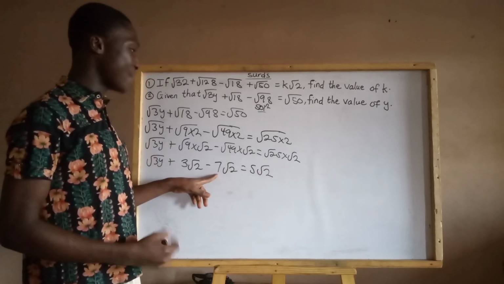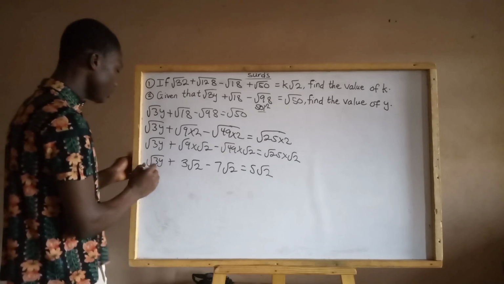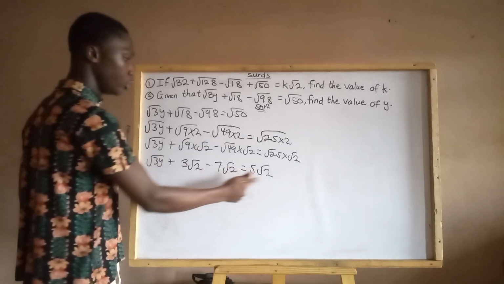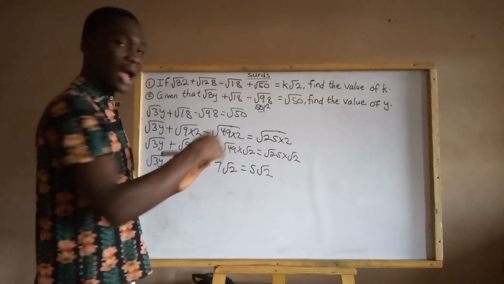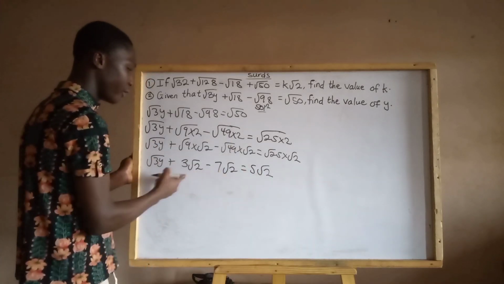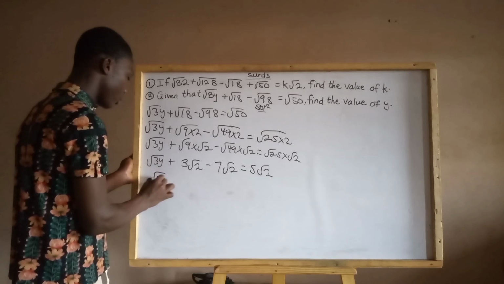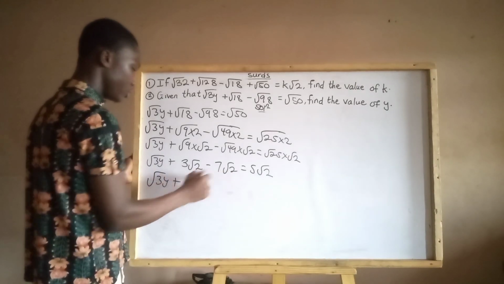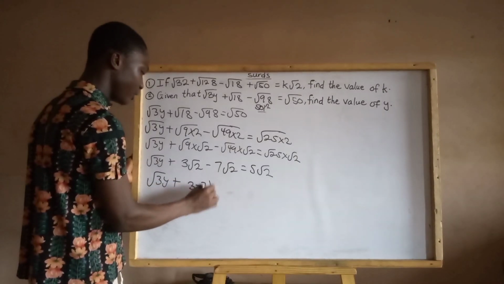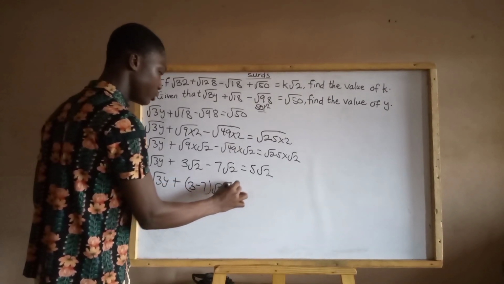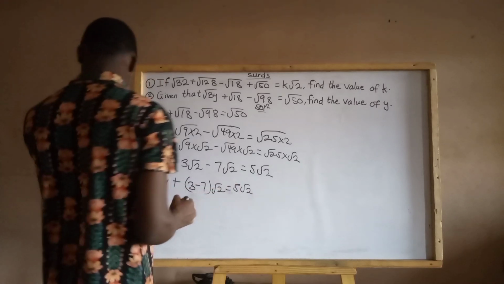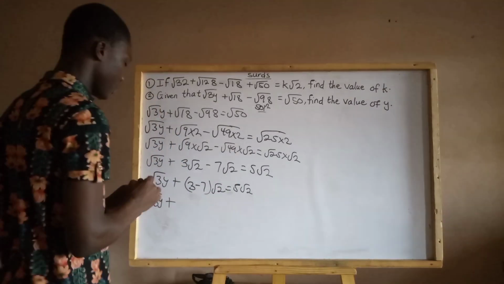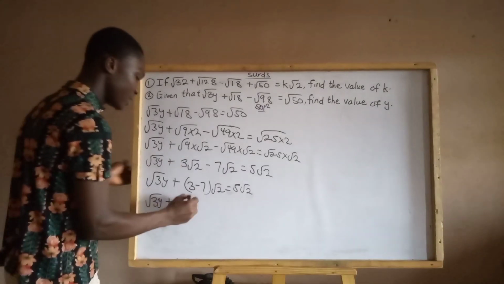Here too, 7 times 7 gives 49. So we have root 2, root 2, root 2. You can group them at one side, or you can first solve for this one to get root of 3y plus, since they have the same root, we can subtract 3 minus 7 root 2 is equal to 5 root 2.